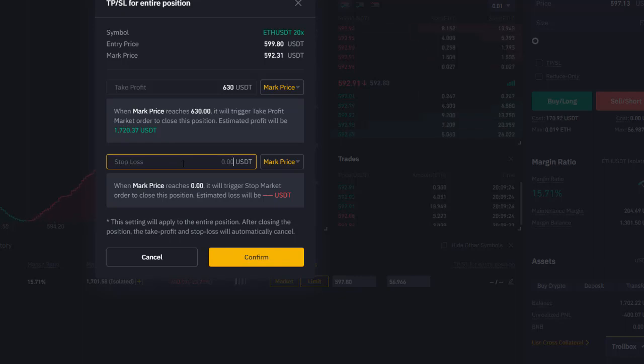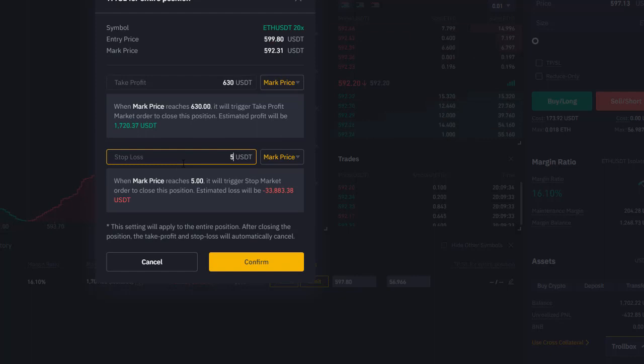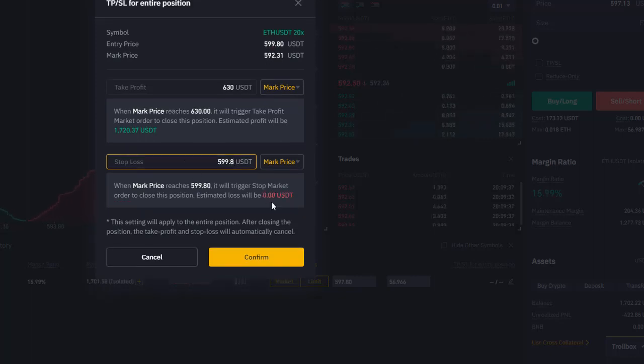If I want to be loss averse, I want to make sure that I have a limit. I can say, well, if it goes below, let's say 599.80, which is how much I bought into, then I have zero loss, right? So you can set these triggers up.